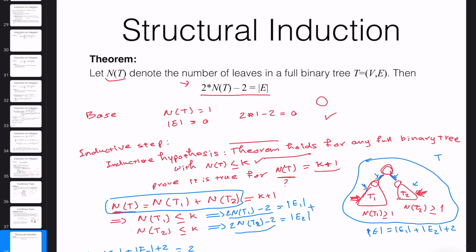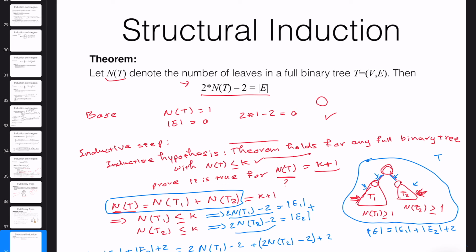So 2 multiplied by the number of leaf nodes in T1 minus 2, plus 2 multiplied by the number of leaf nodes in T2 minus 2, and at the end plus 2.